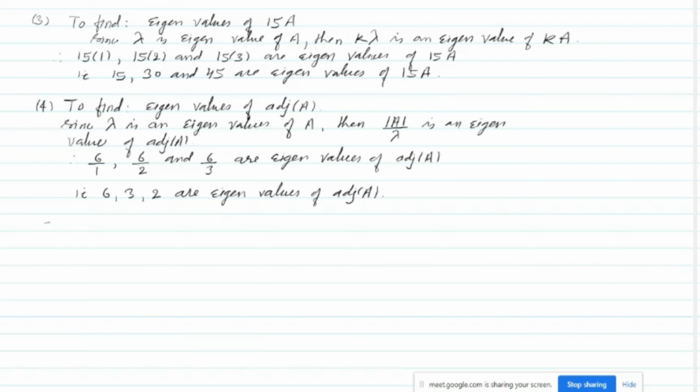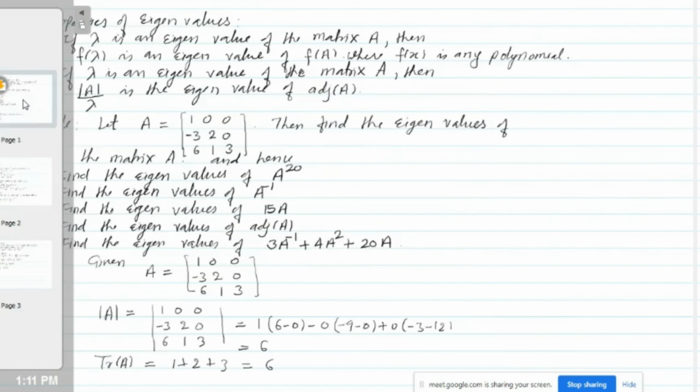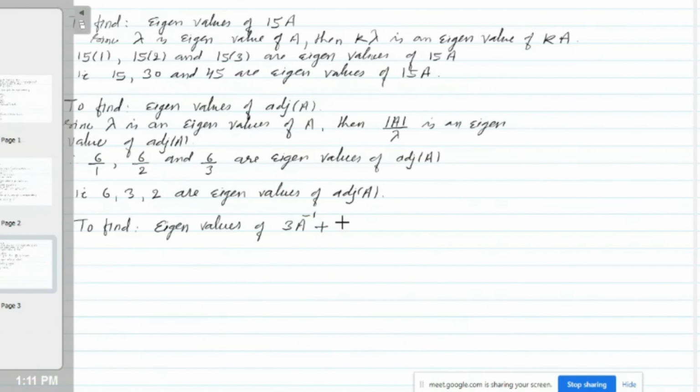and number fifth, to find the eigenvalues of the matrix 3A inverse plus 4A square plus 20A.